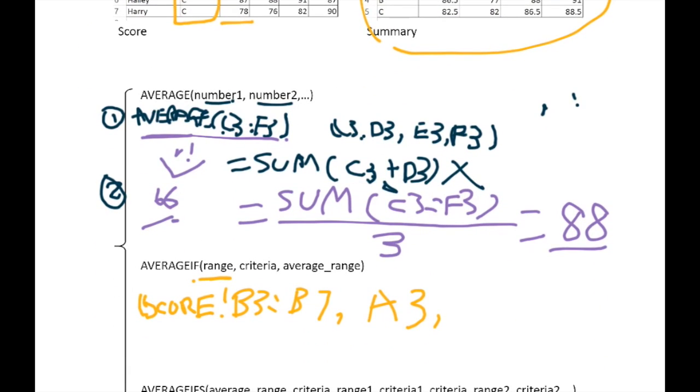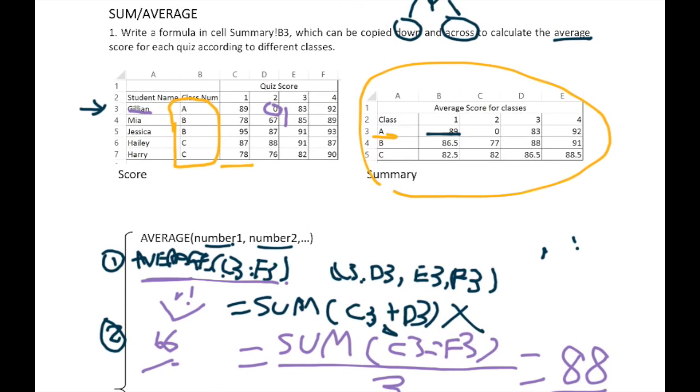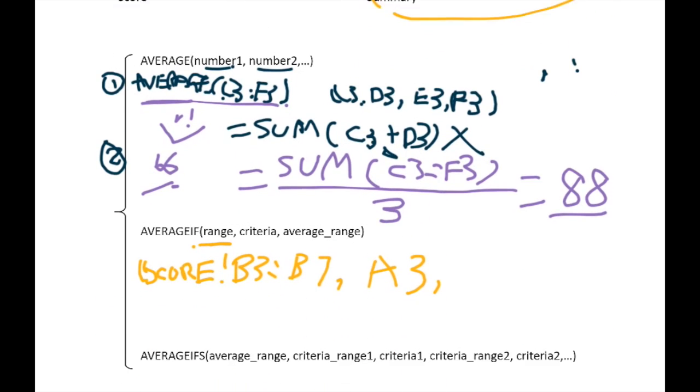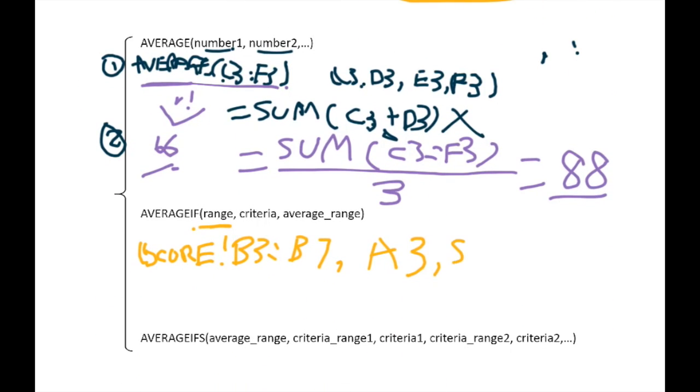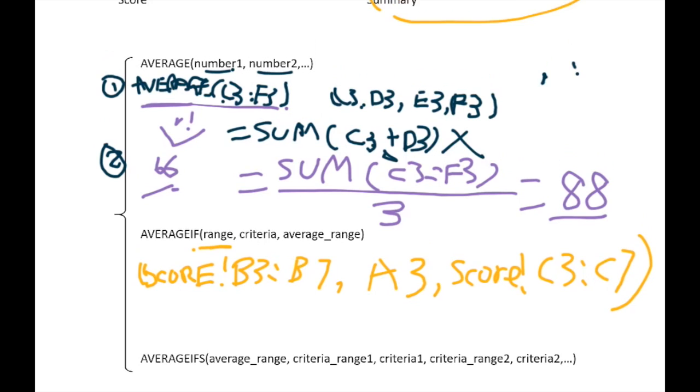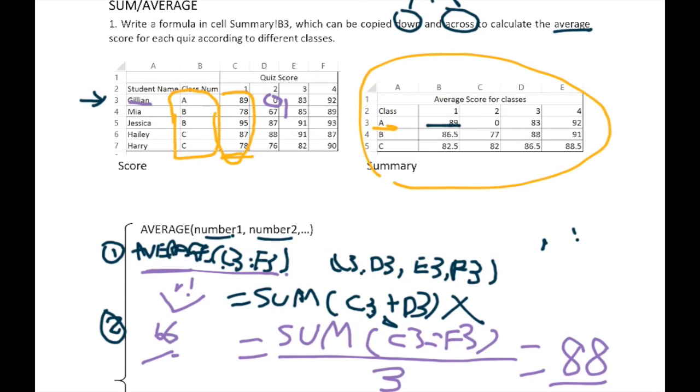And then my average range would be here, C3 to C7 inside the score worksheet. Since my numbers are inside here, I want to calculate the average of these.